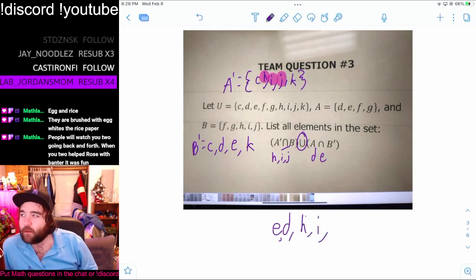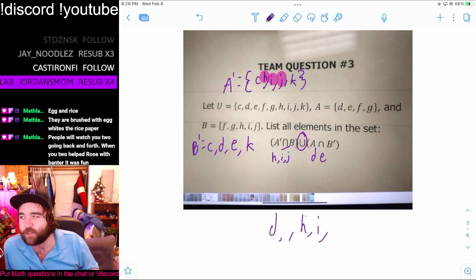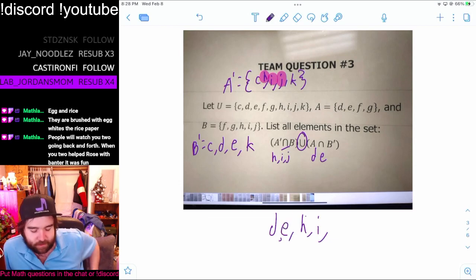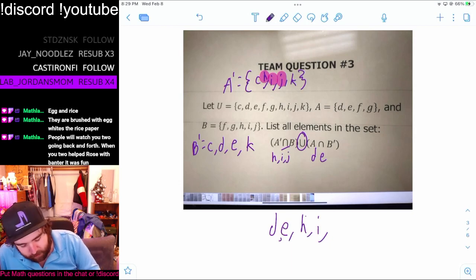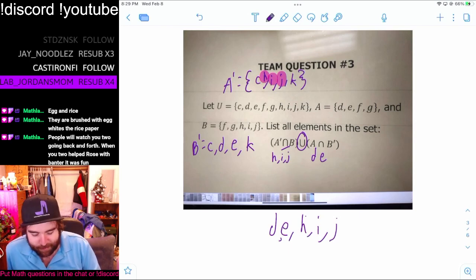Don't you think you should write DE? Oh, D comes before E? Yeah. That's why I changed the H and the I, but I didn't realize that D came before E. Does I come before J? Yeah, it does. Beautiful. That's why we're math people, not letter people.